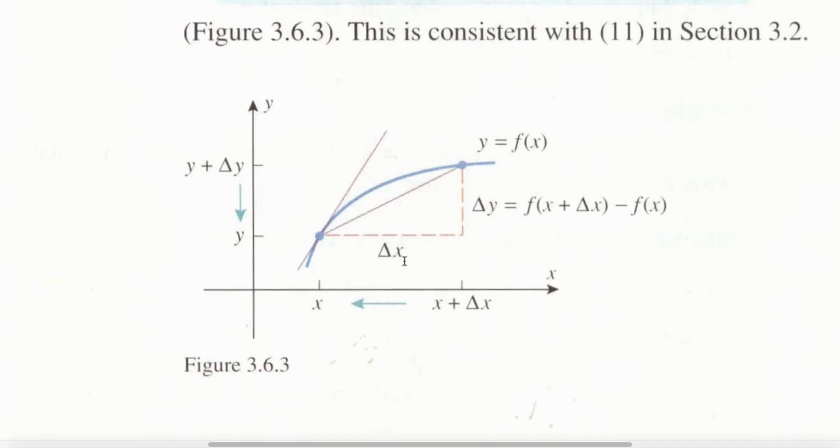But as this shrinks to 0, notice the arrow, this point, x plus delta x, slides into x, and this point here, which is f of x plus delta x, slides into f of x. And so what was the slope of a secant line becomes the slope of a tangent line once we take the limit. And so that's how the notation is being used.